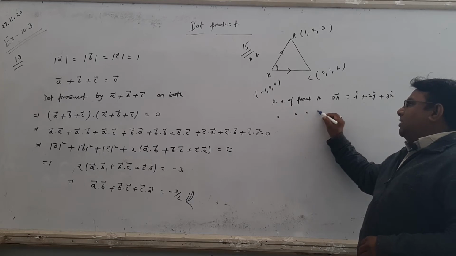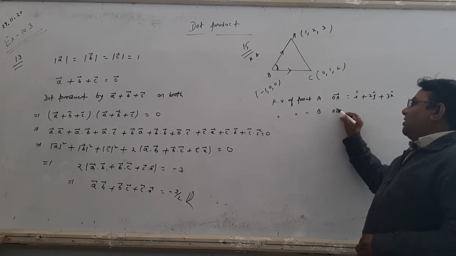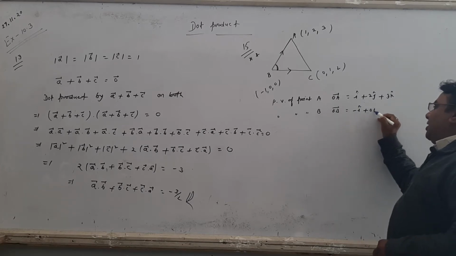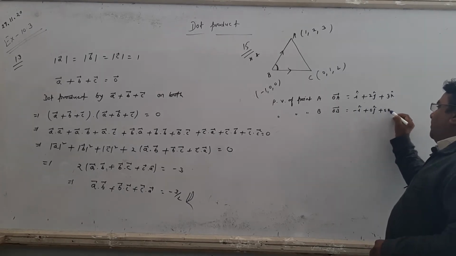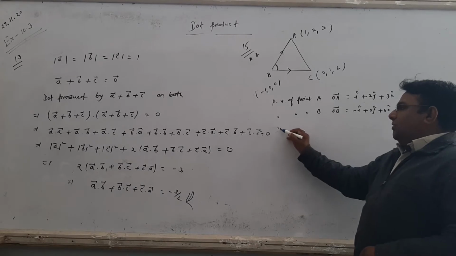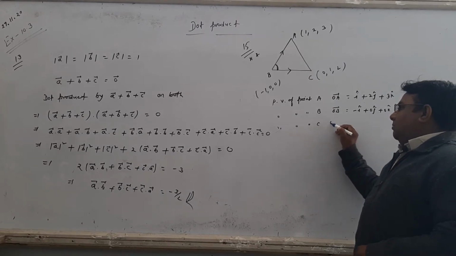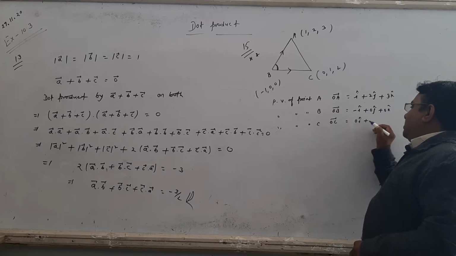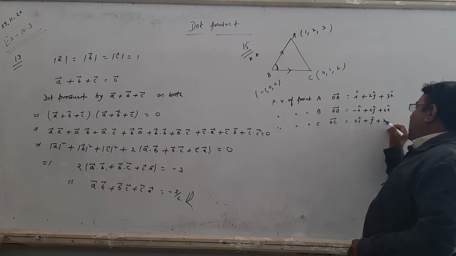Now find the position vector of point B. Now write vector OB is minus i cap plus 0 j cap plus 0 k cap. And same thing, the position vector of point C, that is vector OC, is 0 i cap plus 1 j cap plus 2 k cap.